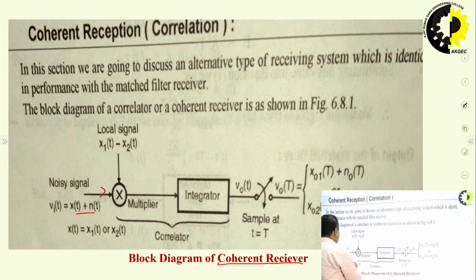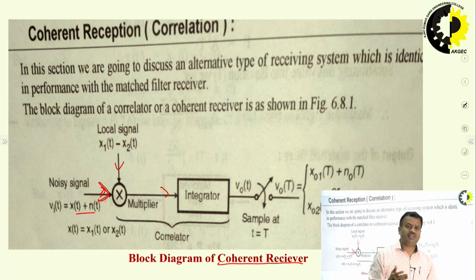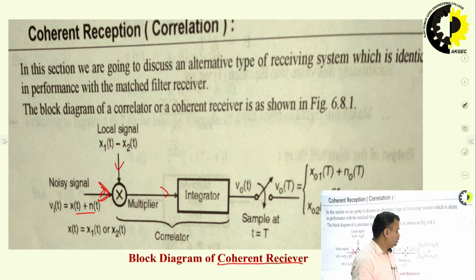At first it goes to the multiplier. The multiplier multiplies this signal with a locally generated signal and it goes to the integrator. Integrator means low pass filter. On the detection side we always use an integrator because an integrator always works as a low pass filter.